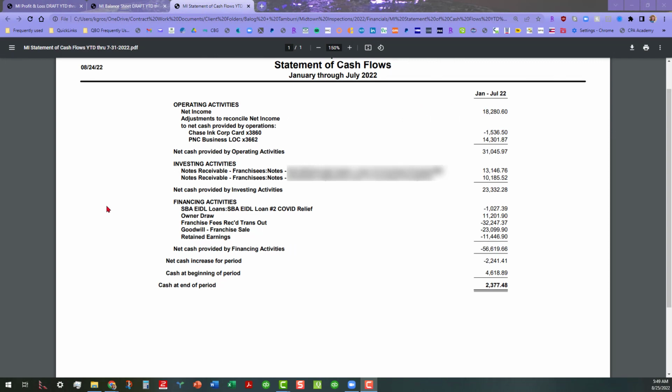Okay, so this is the final piece of the puzzle, and the statement of cash flows kind of ties everything together. It basically takes your net income, which we saw on the profit and loss, and then reconciles that down to what we have in the bank at the end of the period. And since that's all the cash that we have from that one checking account, this actually ties into our last bank statement, which I'm not going to put on here for various reasons.